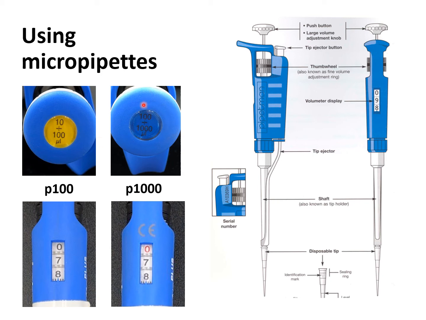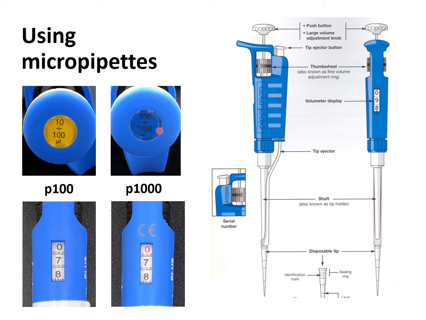Now, a P1000 is going to look something like this. Up on the plunger, you're going to see those two numbers written, 100 and 1000. So 100 is the minimum amount that you can set this pipette to measure. 1000 is the maximum amount that you can set this micropipette to measure.